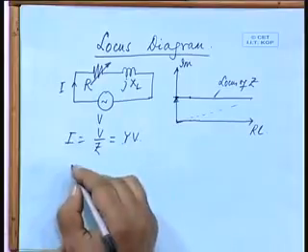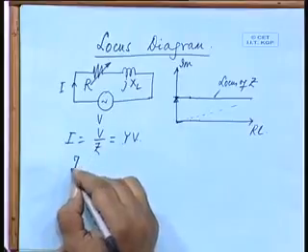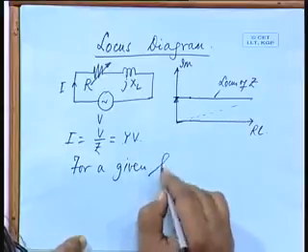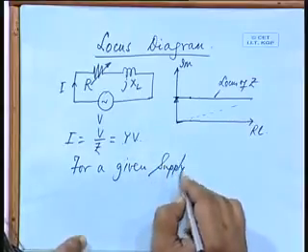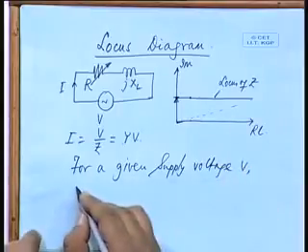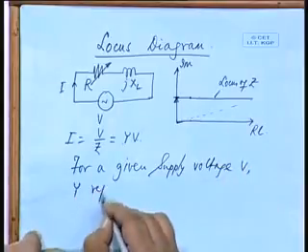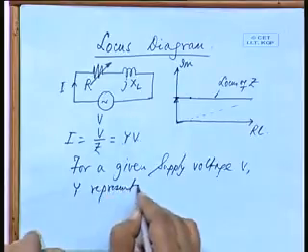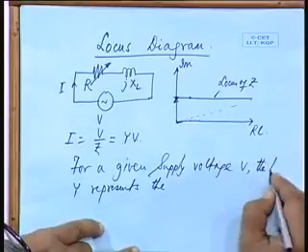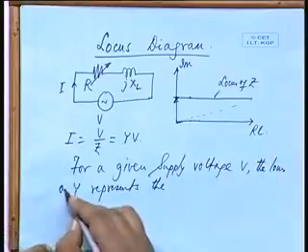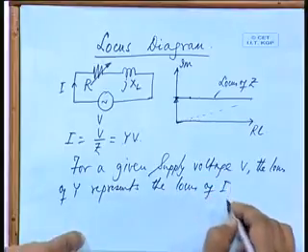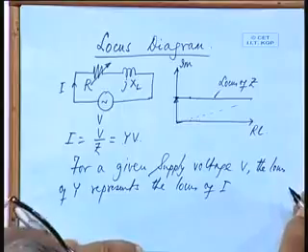Okay. So, for a given supply voltage V, Y represents the locus of I in some scale.